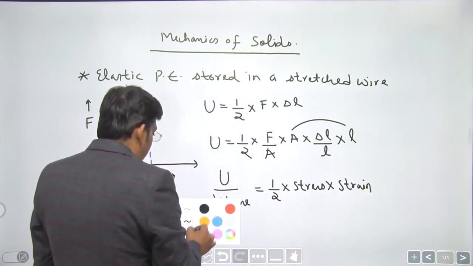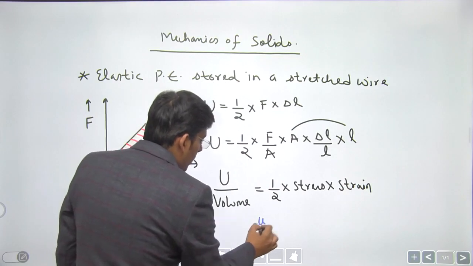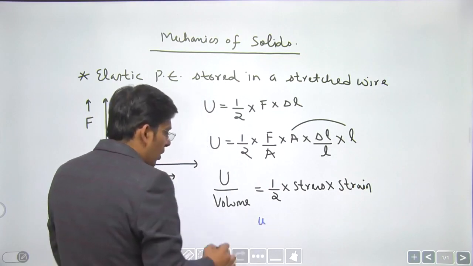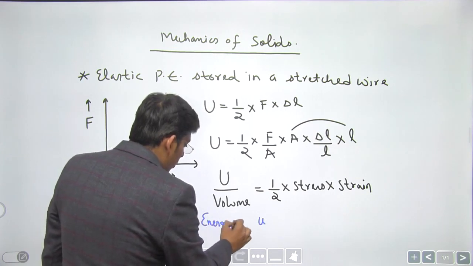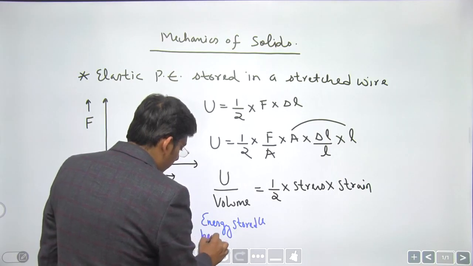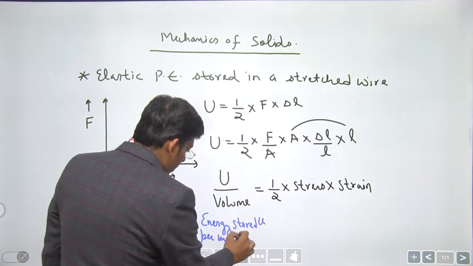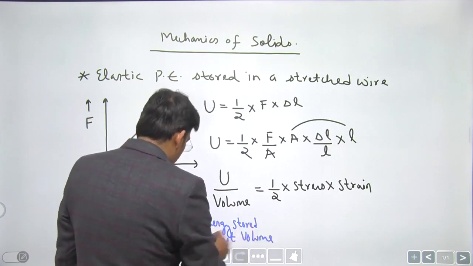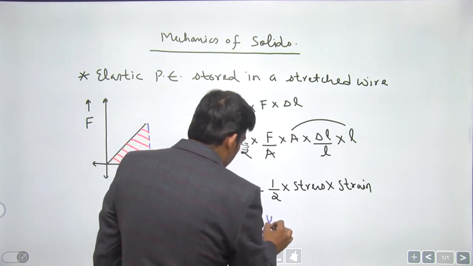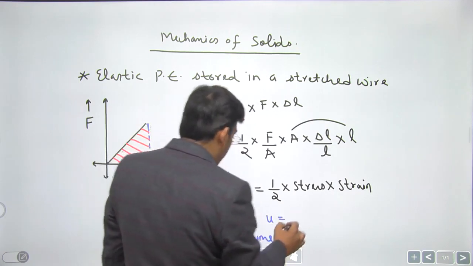So energy stored per unit volume is small u, it is called energy density, and it is half stress into strain.